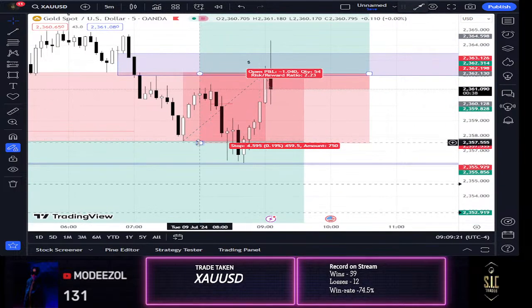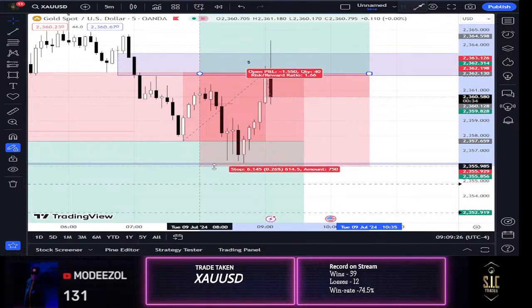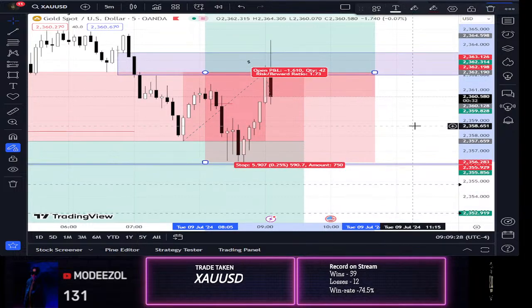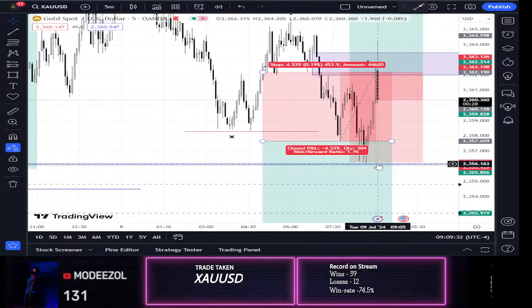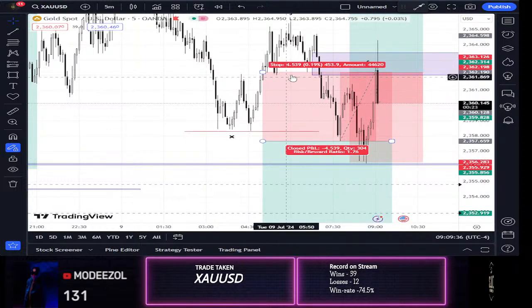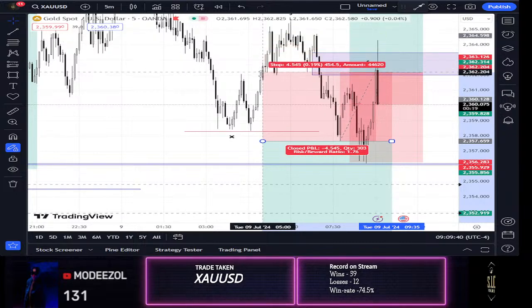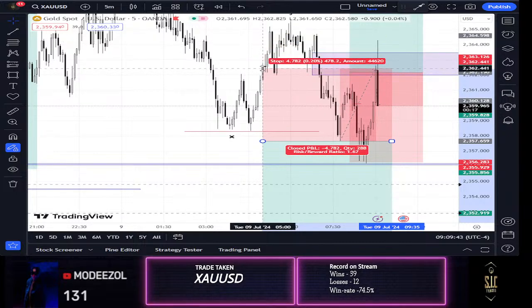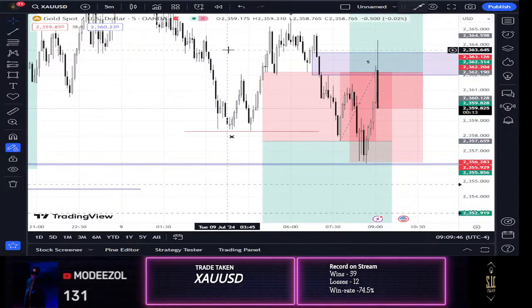I guess I wanted to give it room below this low. I wasn't really finished with this here. I didn't like how they just dipped in it. I wanted to see them tap more, but because my stop here was at 45 pips, this would have been more like 60 pips. So 45 pips getting hit there was probably about right to analyze it that way.